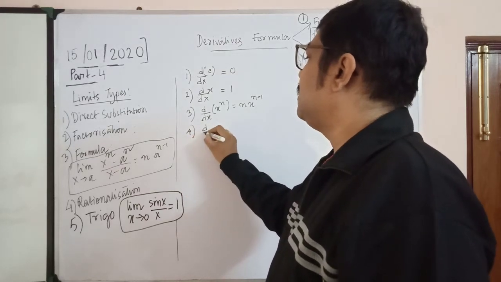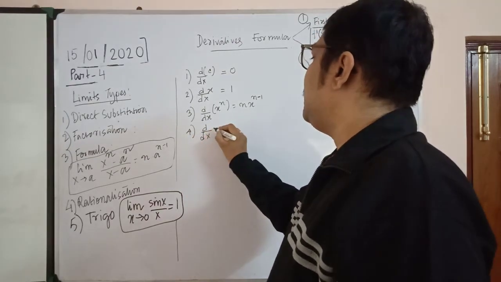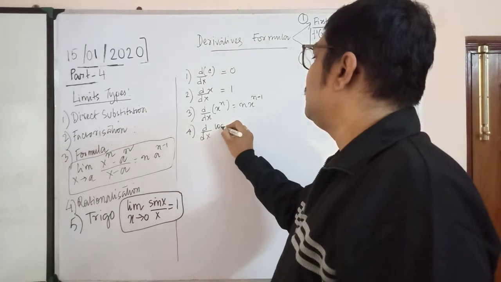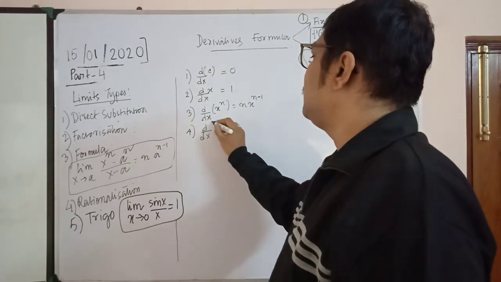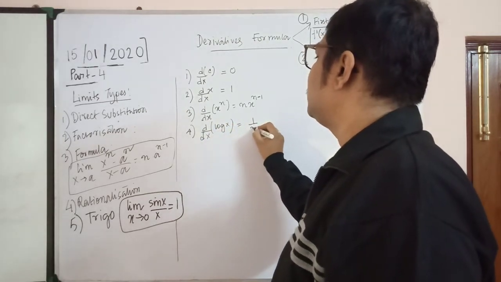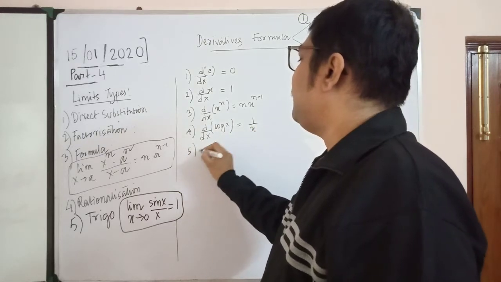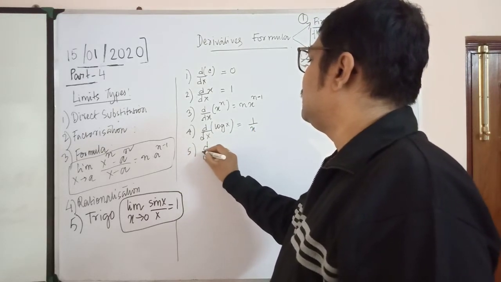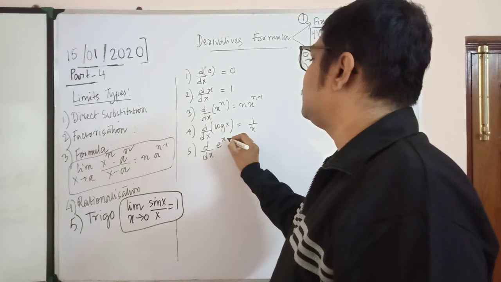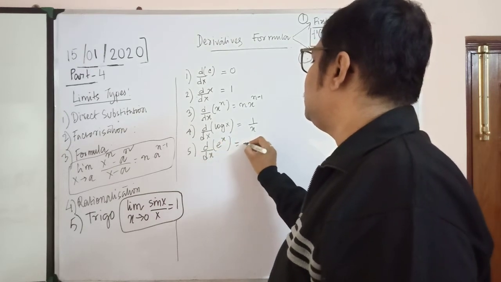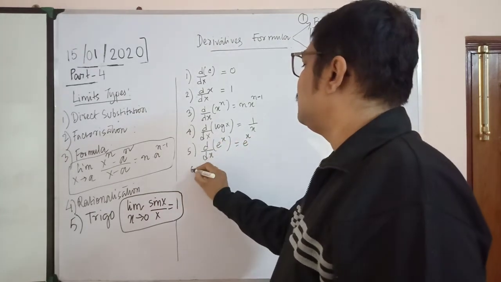Number 4, d/dx of log x, you can say, is 1 by x. Number 5, d/dx of e to the power x is e to the power x only.